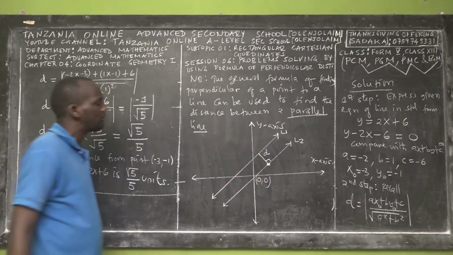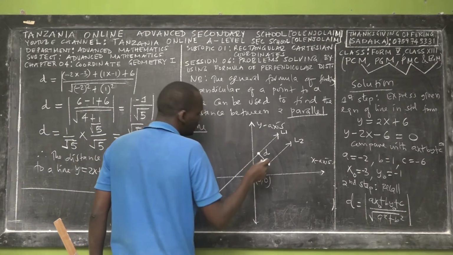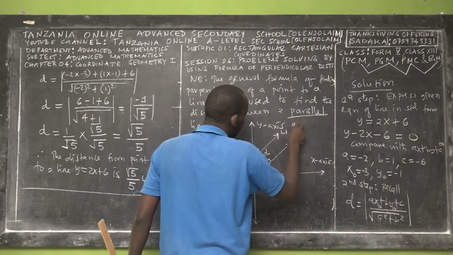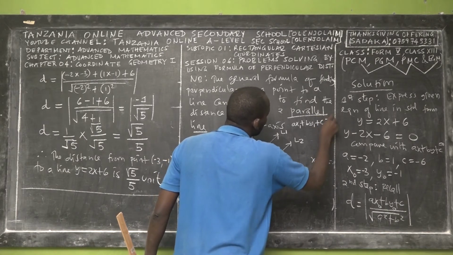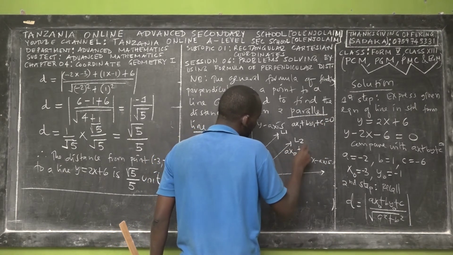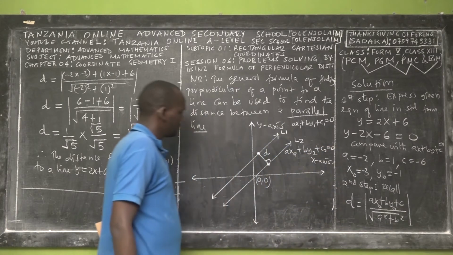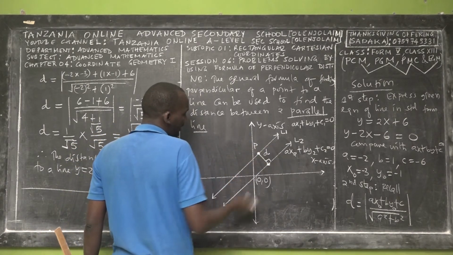Suppose that line 1 is a x1 plus b y1 plus c1 is equal to 0, and the equation of line 2 is a x2 plus b y2 plus c2 is equal to 0. So this is point P. You can find many points.